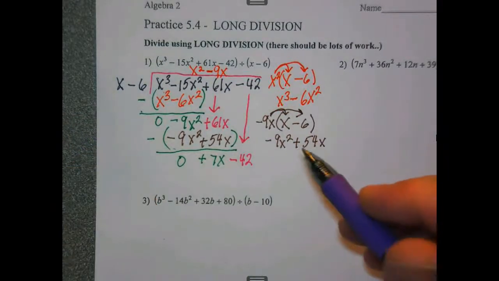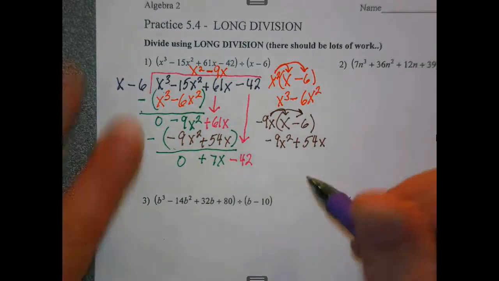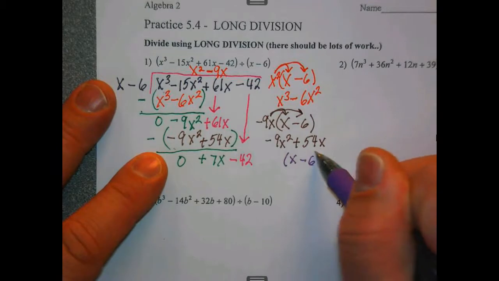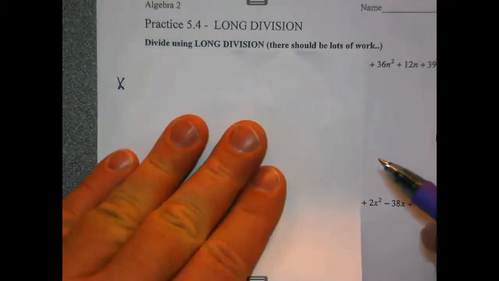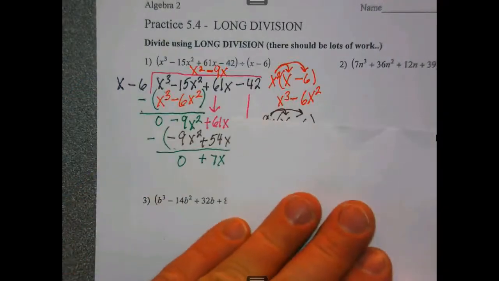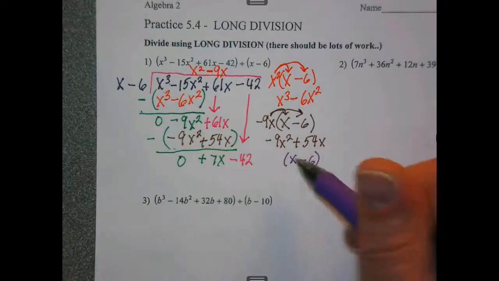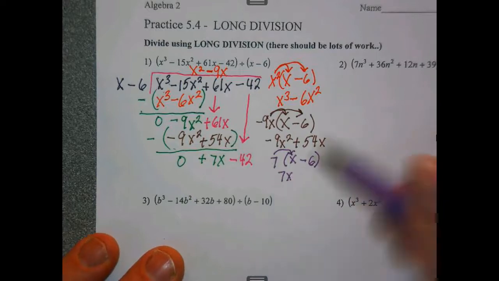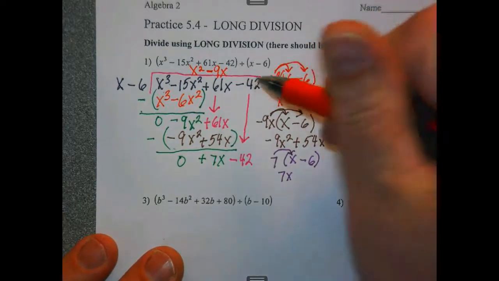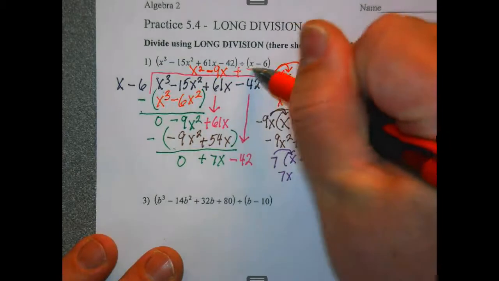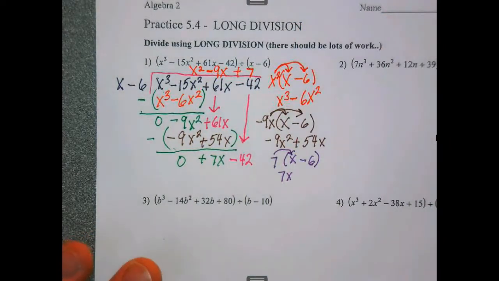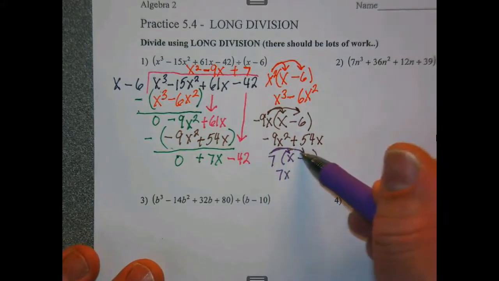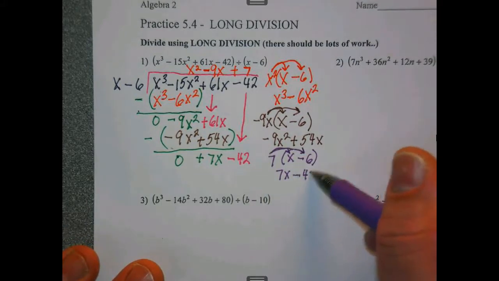Okay. All right, so I have my x minus 6. This time I'm making this x into a 7x. So I'm going to multiply it by positive 7. Okay, did the first distribution, the next distribution, minus 42.